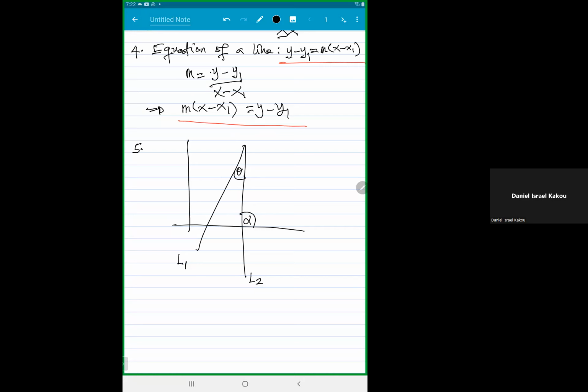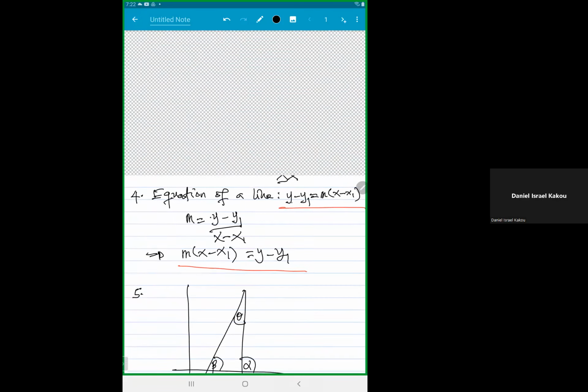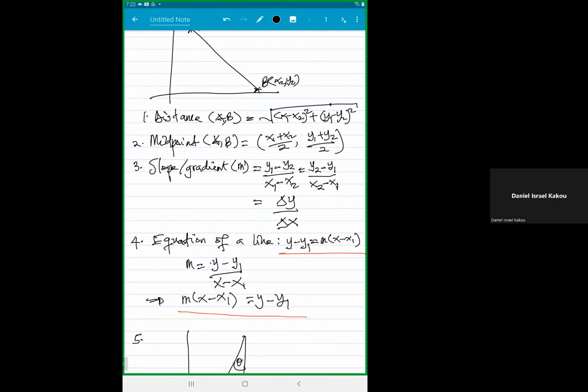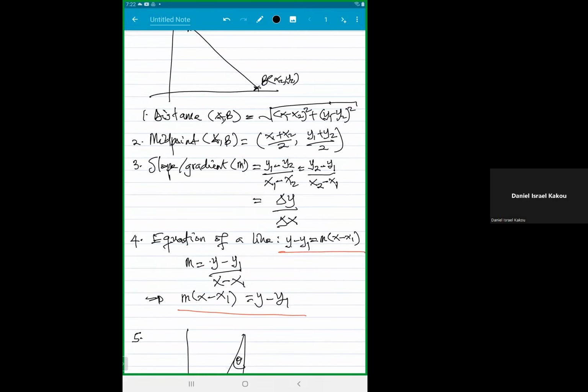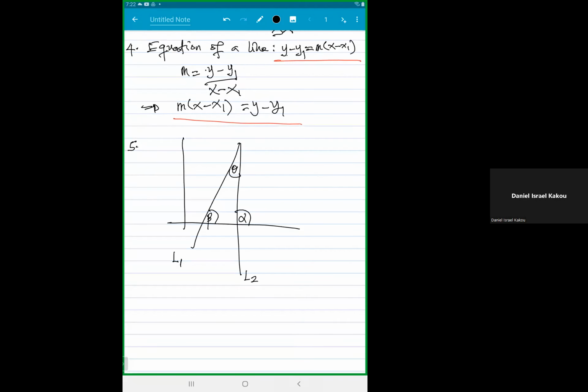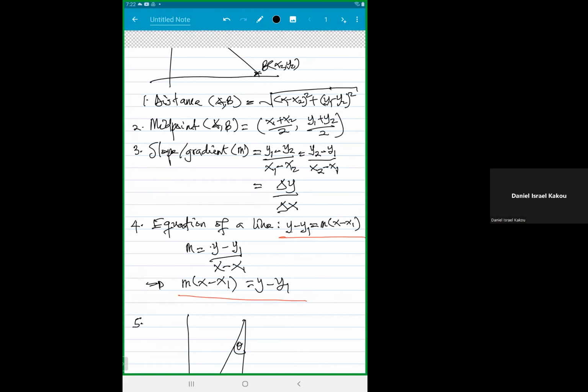We get the line L1 with respect to the x-axis to be, say, beta, right? Now, just quickly, I would go back to the slope and discuss something, or probably let me discuss it here. So as part of the, let me come back to the slope.